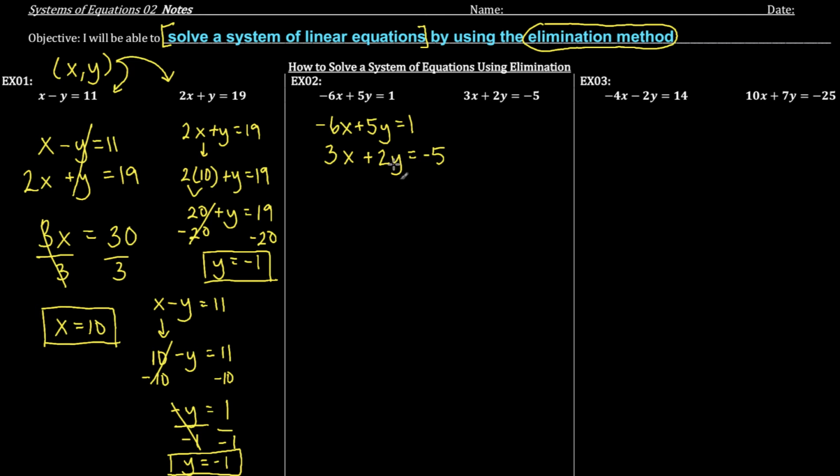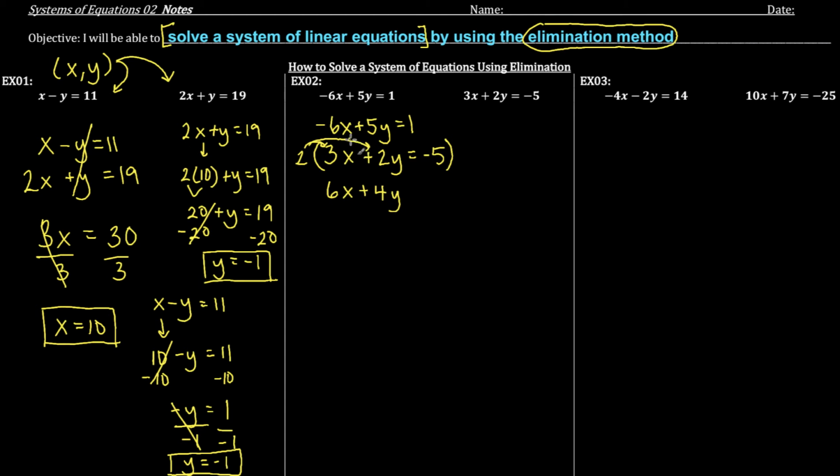So what we do is we change one of the equations. For instance, I know that if I multiply this equation by 2, I get positive 6x plus 4y. Remember, 2 times 3x is 6x, and 2 times 2y is 4y.